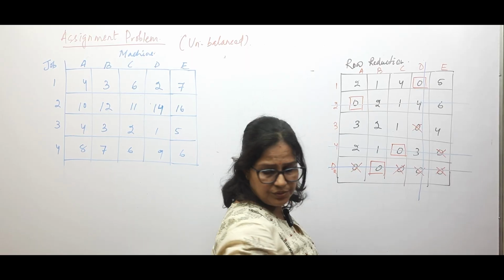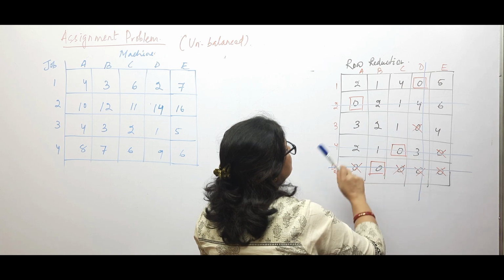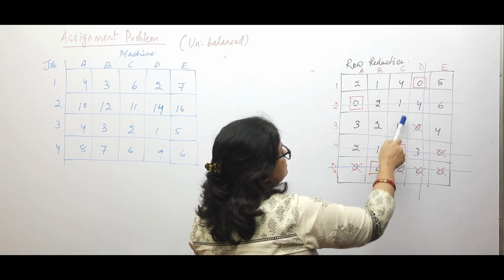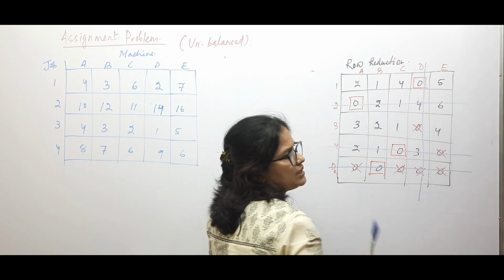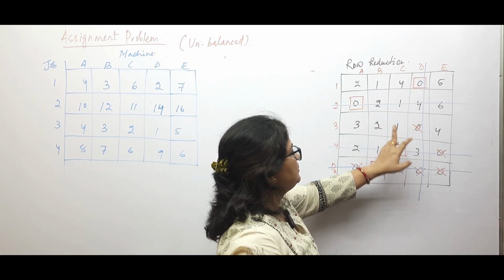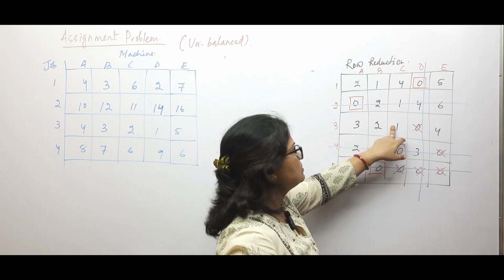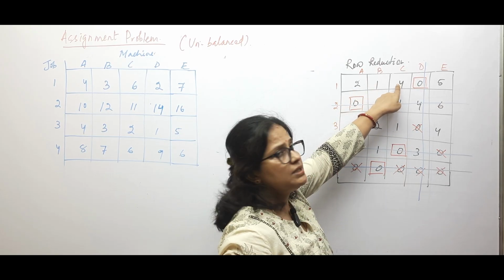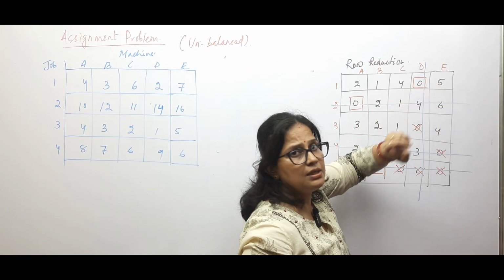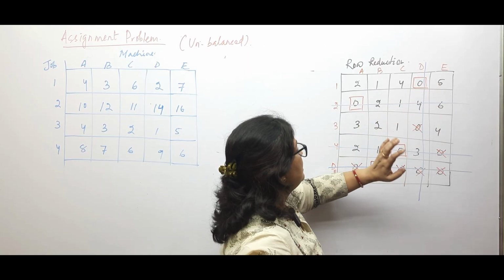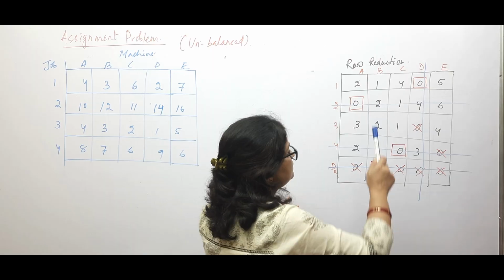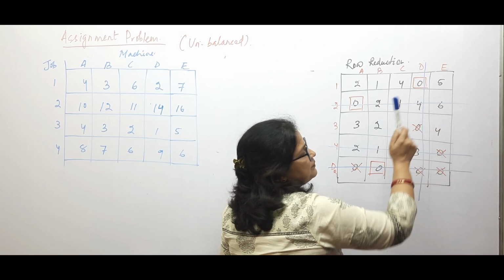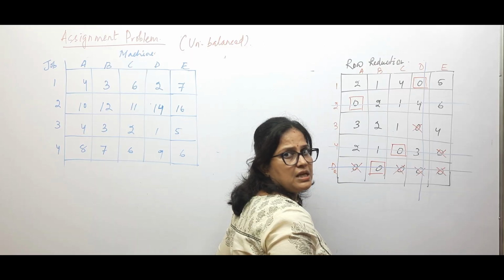So what do we need to do? We need to subtract this cost, because in 2 places we are getting 1. So the minimum or the lowest cost is 1. So we can subtract that lowest cost from the uncovered cell. And we have to add this value to the intersection of the cell.